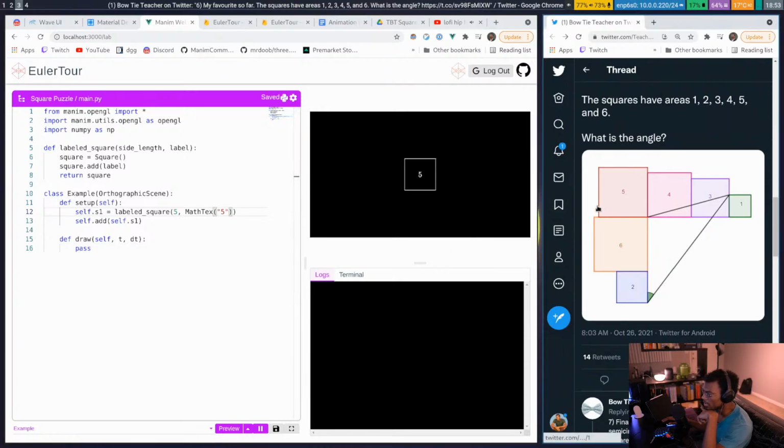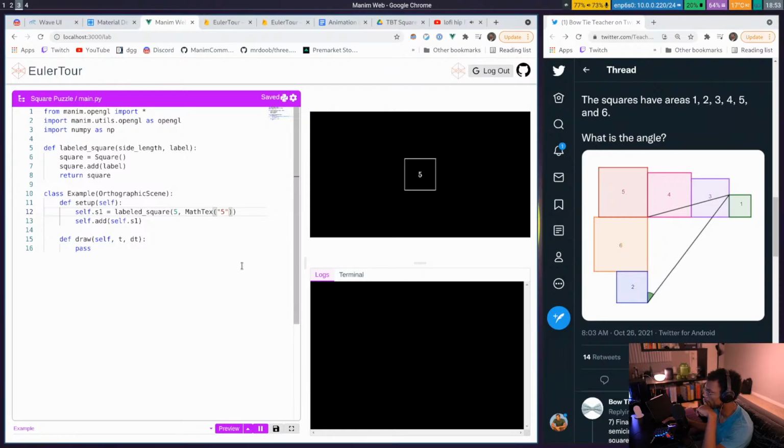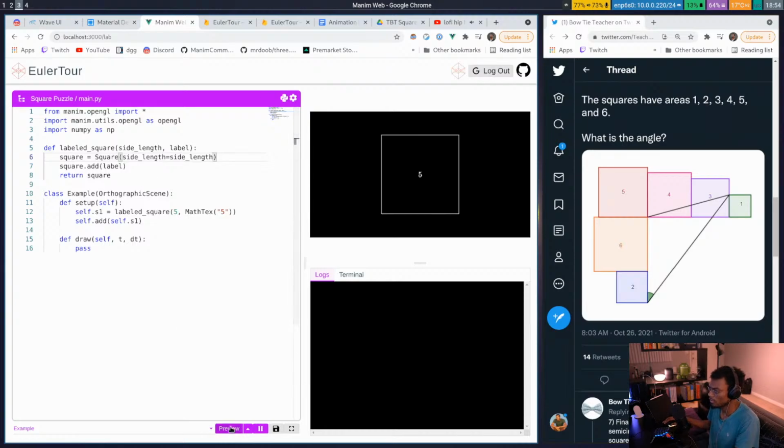I wish I could get these colors quite right. For now, maybe I should just try to position these correctly. Oh, and the side length. Yeah, perfect. Now that looks a little too big, so I'm gonna have to go ahead and scale this.